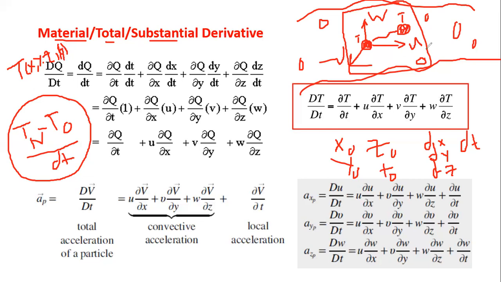At this location, the flow has a certain temperature that doesn't change with time because the flow is steady, and at that location, the flow has a certain temperature that doesn't change with time, but the temperature at this location is different from the temperature at that location.